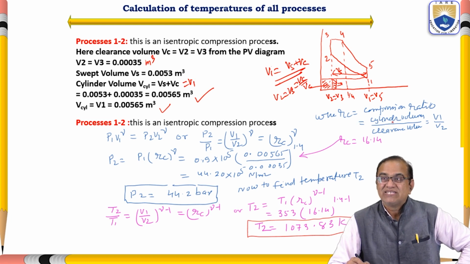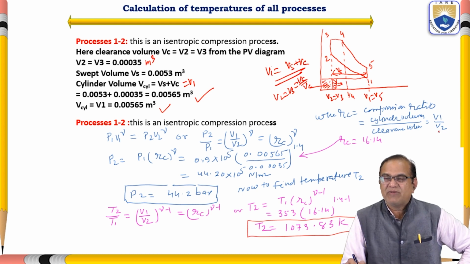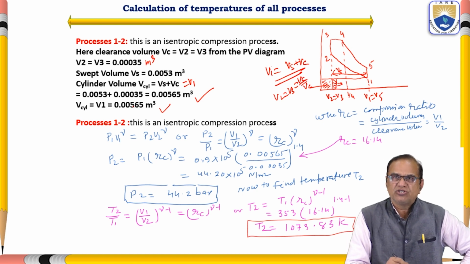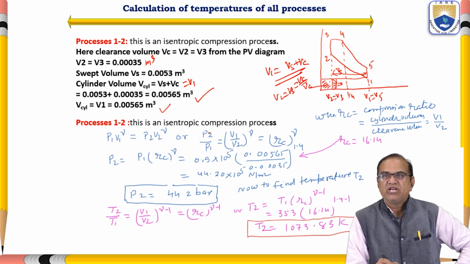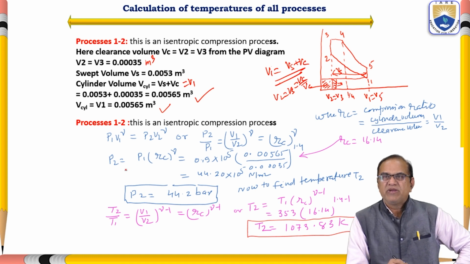It is the cylinder volume V1, from here to here plus the clearance volume VC. So V1 by V2 or VC. V1 we know here 0.00565 and VC we know 0.00035.